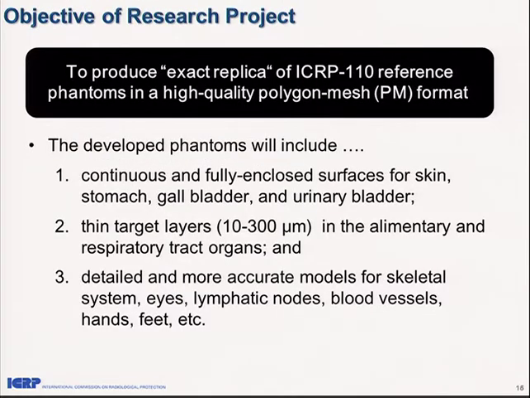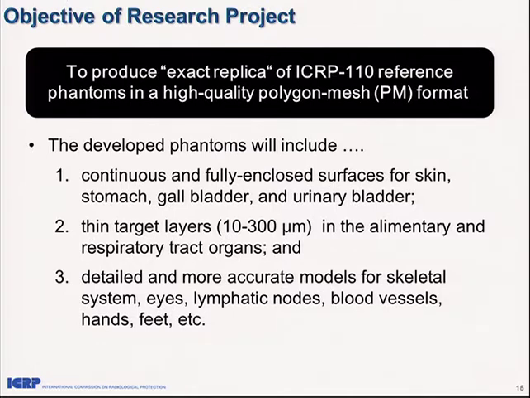So here is the objective of the research project. The objective of this phantom conversion research project is to produce exact replicas of the ICRP 110 reference phantoms in a high quality polygon mesh format.